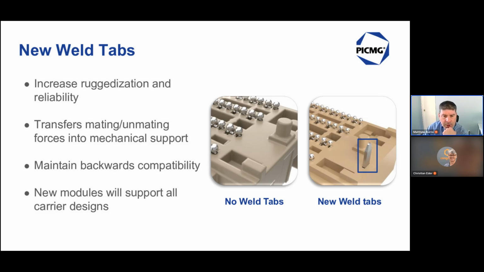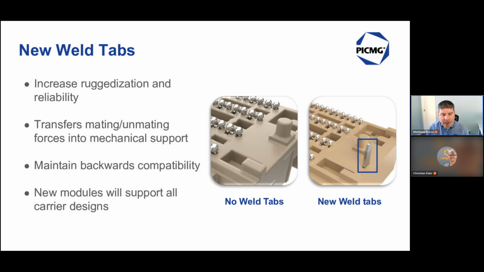Some people have asked, well, doesn't this mean that I have to completely redesign my system? To implement the weld tab, yes, you have to redesign the PCB footprint, which we'll talk about in just a second. But if an OEM or an implementer already has a COM-HPC carrier card designed and you only want to update the module, the weld tab version of the connector will still mate with the non-weld tab version of the connector, because the electromechanical interface has not changed.